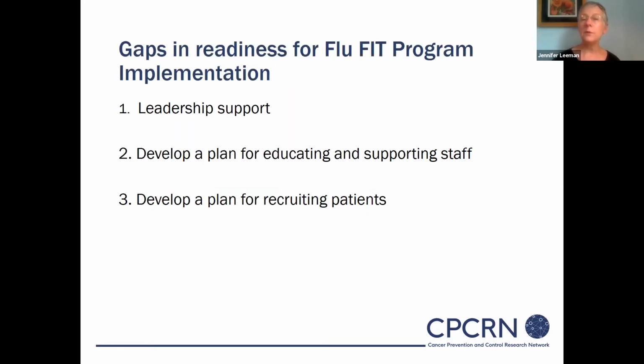So for example, you might identify gaps in your readiness for flu-fit program implementation. You might realize that you need to check back in with leadership and get them to again formally endorse launching the intervention. You may need to develop a plan for educating and supporting the staff that will be involved in delivering the intervention, and to develop a plan for recruiting patients.